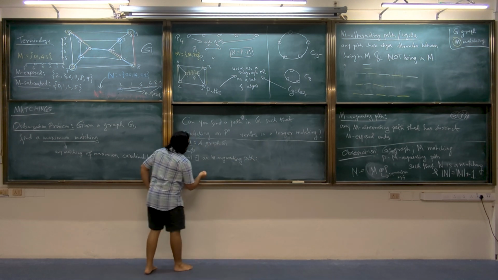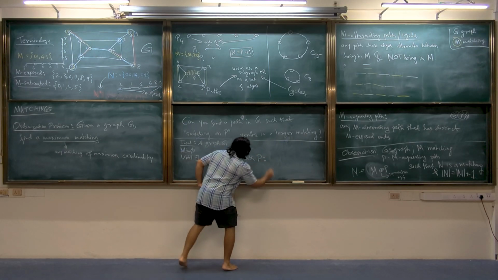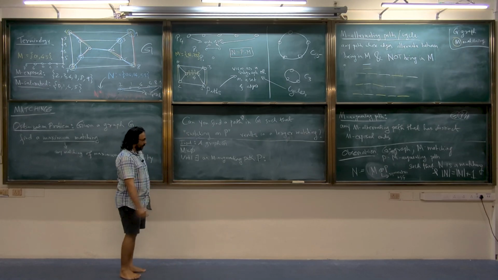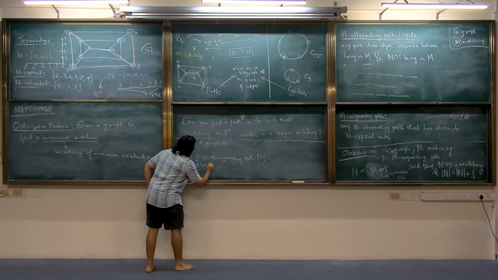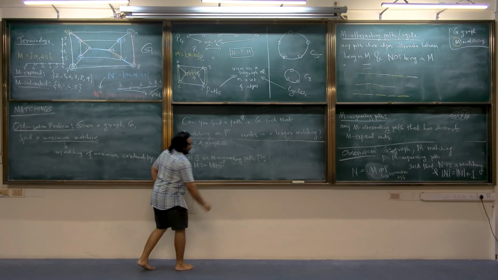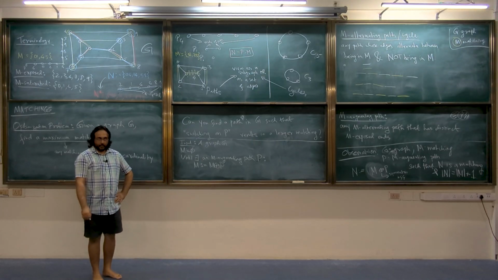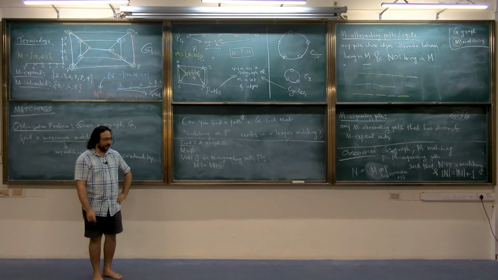Until there exists an augmenting path, keep doing the following: take the current matching and replace it by the symmetric difference of the current matching with the path P, where we view both as edge sets. A matching is anyway a set of edges, and here I am treating the path as a set of edges too.